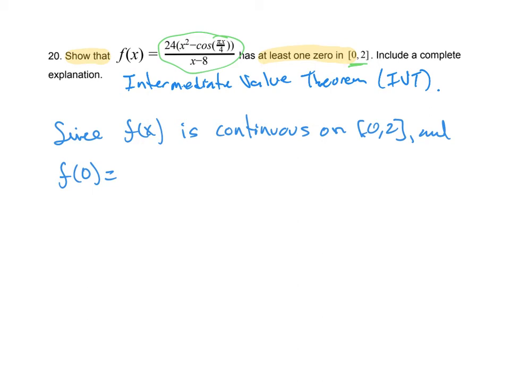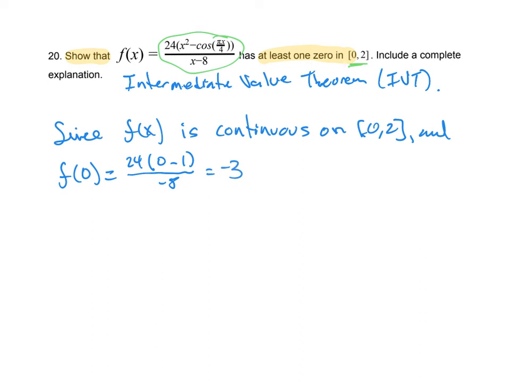So this is 0 minus 1 up there. So it's going to be 24 times 0 squared, which is 0, minus cosine of 0, which is 1, over negative 8. So this is negative 24 divided by negative 8, which is negative 3.